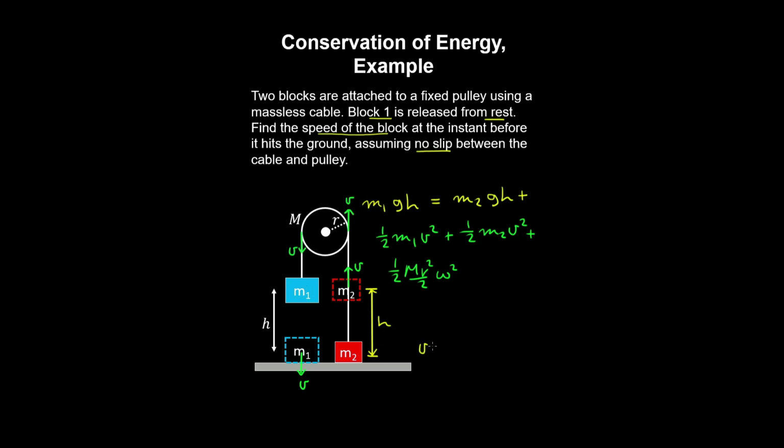So therefore v is related to omega using this expression. And note that we didn't include the potential energy of the pulley because it's fixed. So therefore the potential energy terms will cancel on both sides of the equation. And now you can do some cancellations and solve for the speed of the block before it hits the ground.